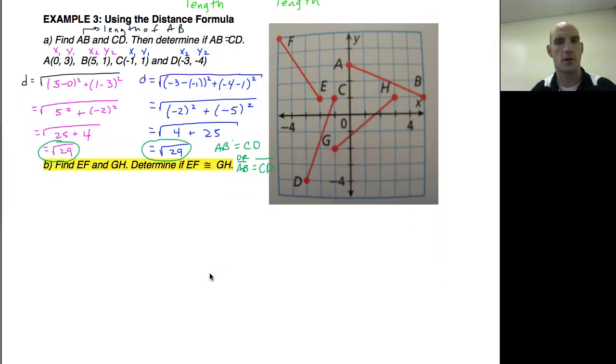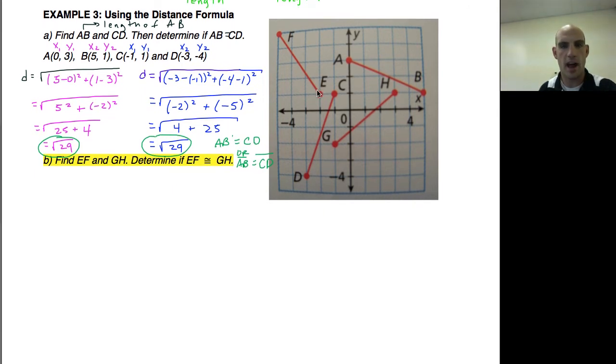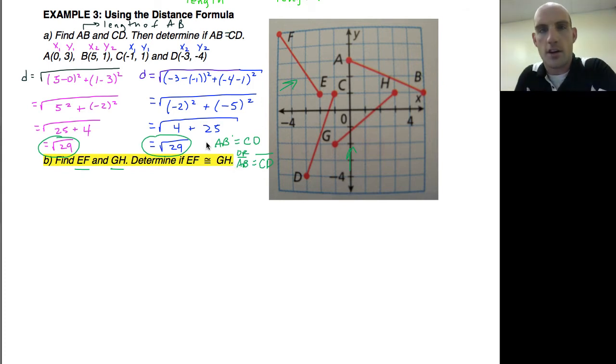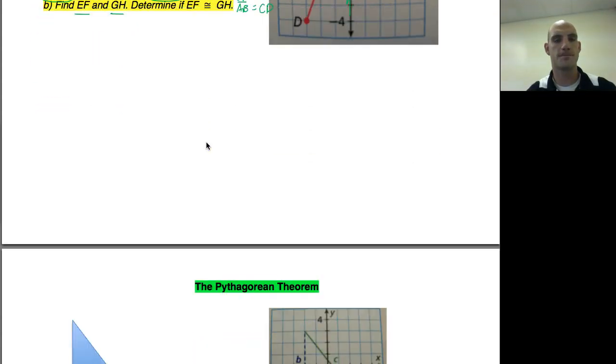See if you can do the next one. If you'll notice over here, we have a diagram, and you can find EF and GH here and here. Hint, use the coordinates that are given on the coordinate plane. Find the distance and see if they are congruent.